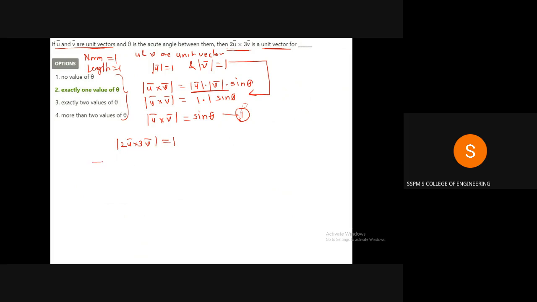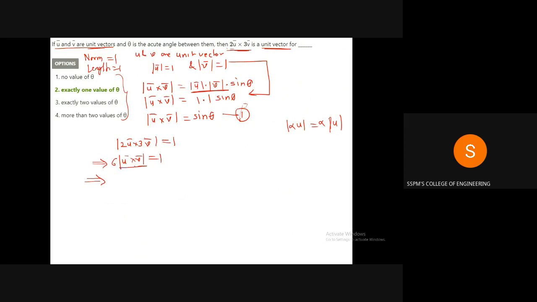So by vector properties, we can write 6 into u bar cross v bar is equal to 1. What is that property? Norm of alpha u is equal to alpha into norm of u. That is the property that we used here. So 6 into u bar cross v bar is equal to 1.